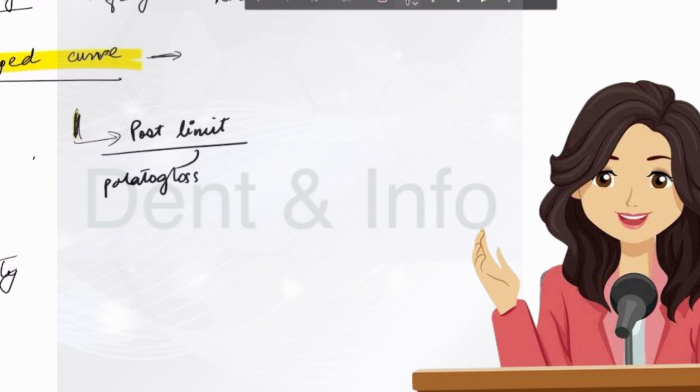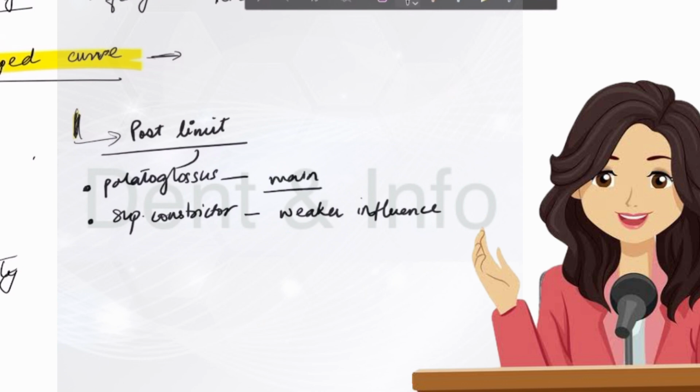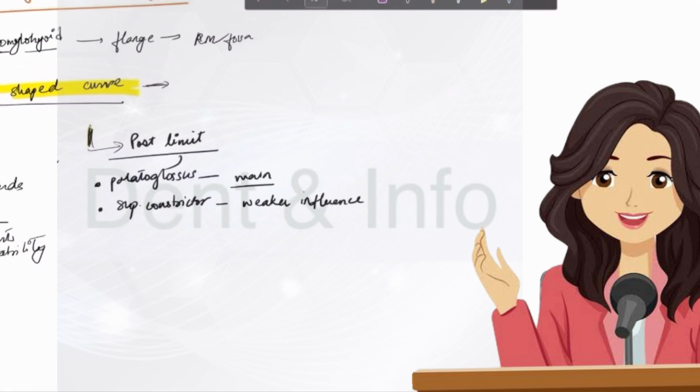Palatoglossus mainly, and superior constrictor. If the superior constrictor has a weaker influence, the main influence is your palatoglossus muscle, which is going to determine the posterior limit or posterior border of your denture.